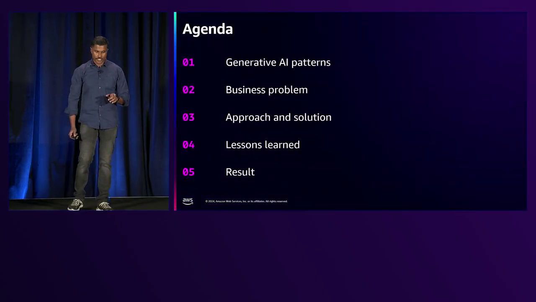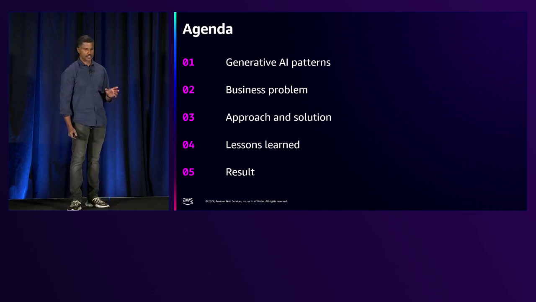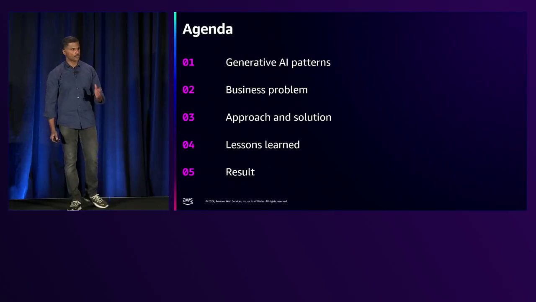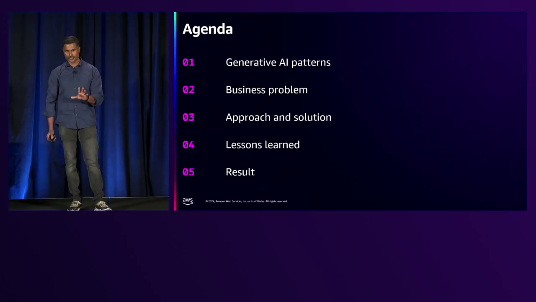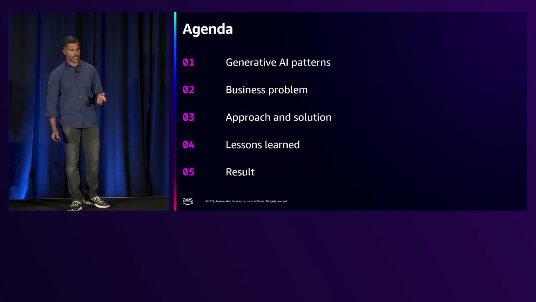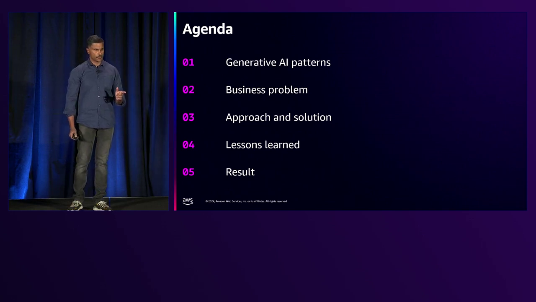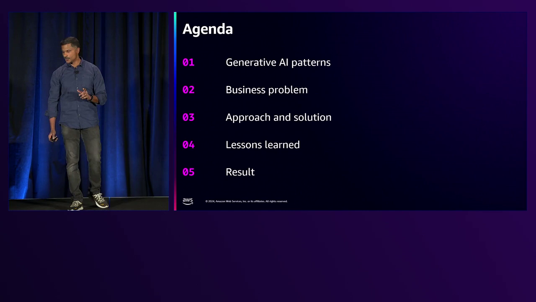So before diving deep into the business problem that they had in the financial services industry, how they decided to use this fine-tuned foundation model as the design pattern to solve that problem, how they created the distributed architecture in AWS, and the lessons learned from that, let me spend a few minutes to level set you on what we are seeing across the customer base when they build generative AI solutions.